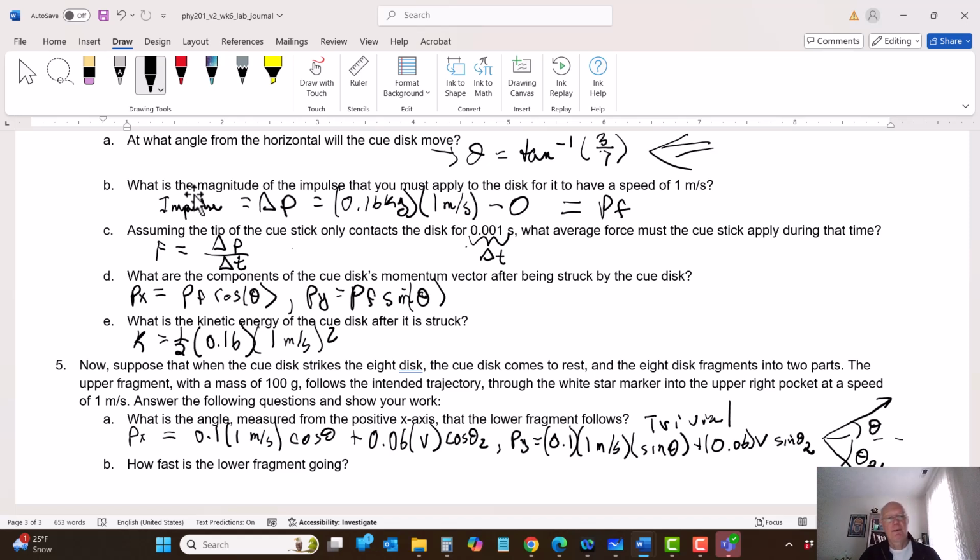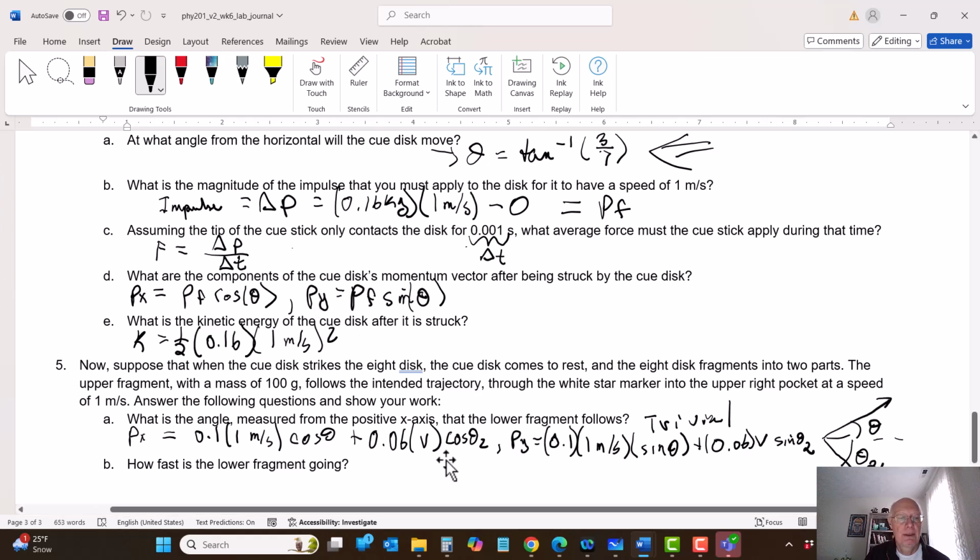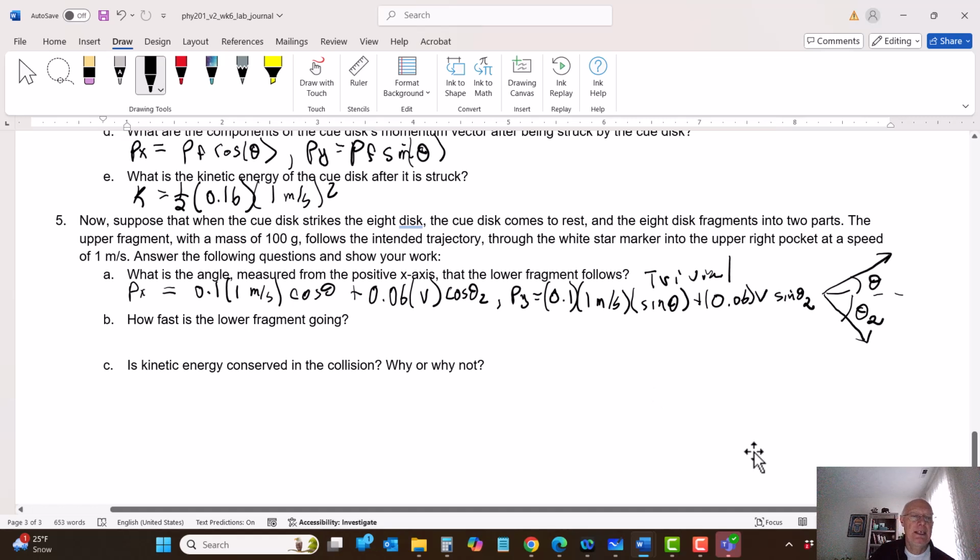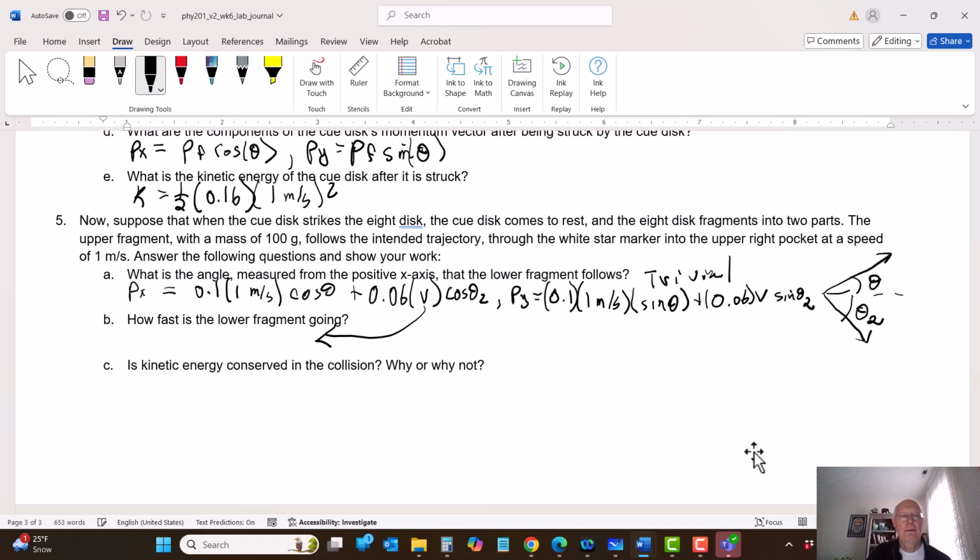So we have two equations and two unknowns, and you can solve that. I'll leave that to you. You can find the angle from this, and then you find v here. Okay, solve for v.